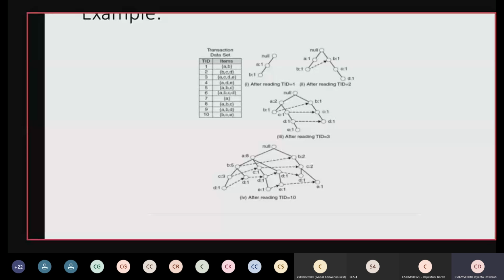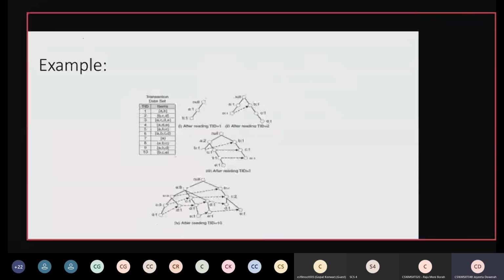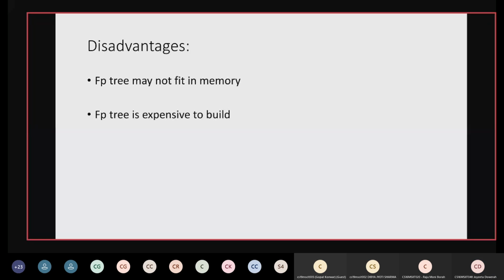So the advantages: only two passes over the data set, no candidates are generated, and there is also a compressed data set, which helps to save space.